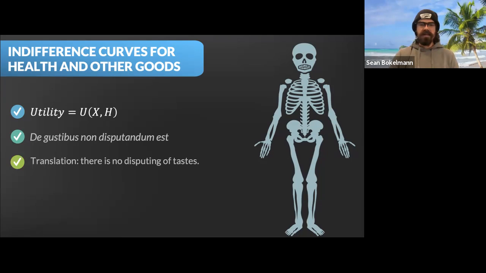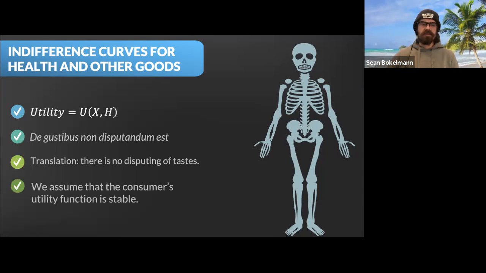Remember that we are going to assume that the consumer's utility function is stable over time, so it's not changing in any way. But this is an assumption. It's totally possible that people's preferences change over time. In fact, that's probably the more realistic scenario.